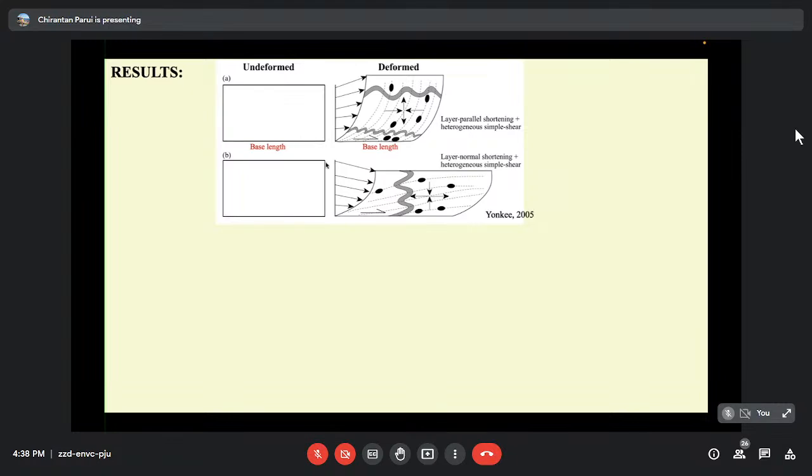On the contrary, when you restore strain from thrust sheets which are recording layer normal shortening strain, the base length decreases. So when you add this shortening to the large scale one, it will decrease the total minimum shortening.